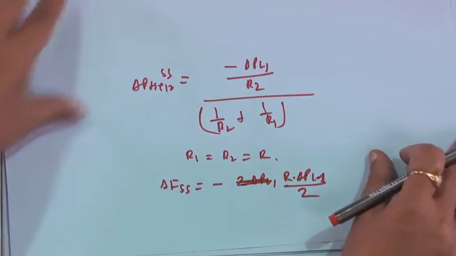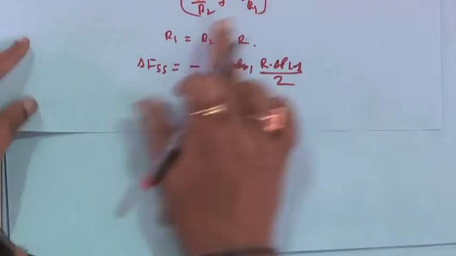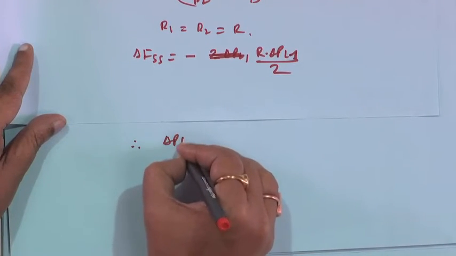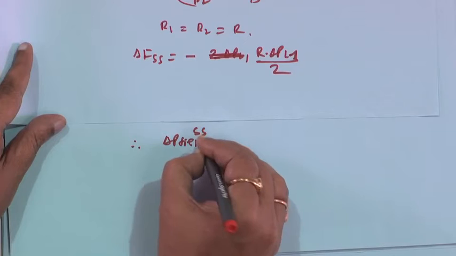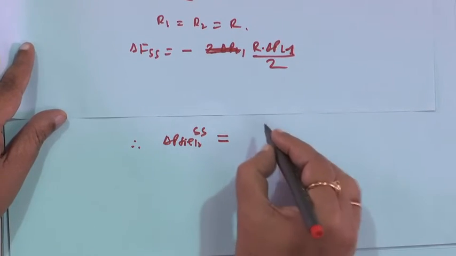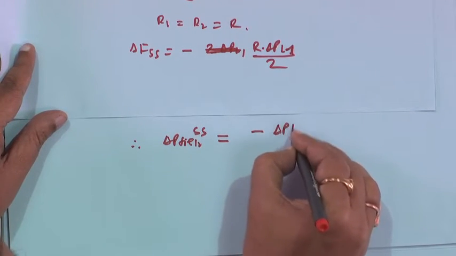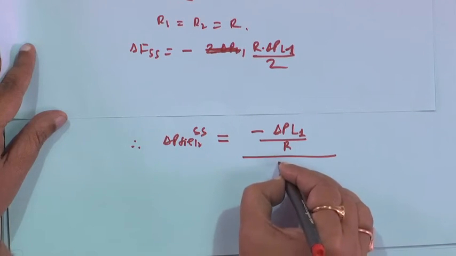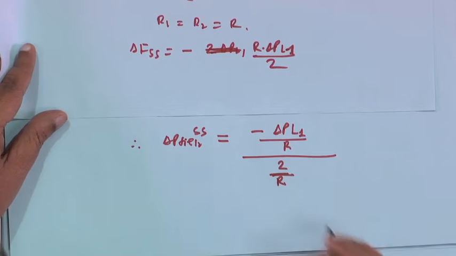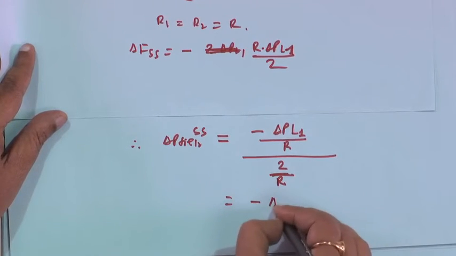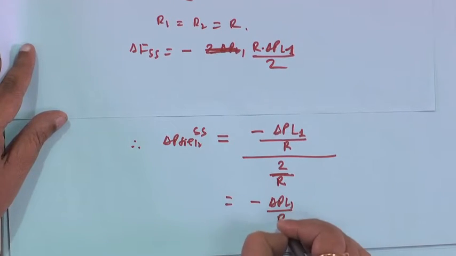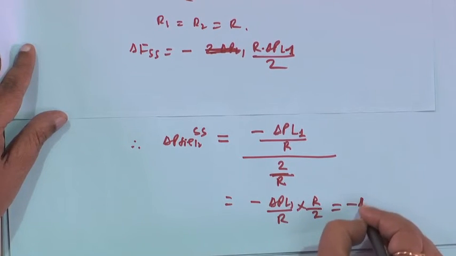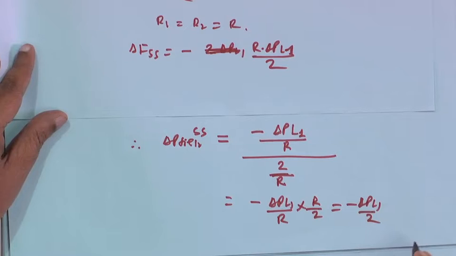Similarly, for tie power, if they are the same, then delta P tie 1 to 2 steady state is equal to minus delta PL1 divided by 2 by R, that means minus delta PL1 into R by 2. So it will be minus delta PL1 by 2.